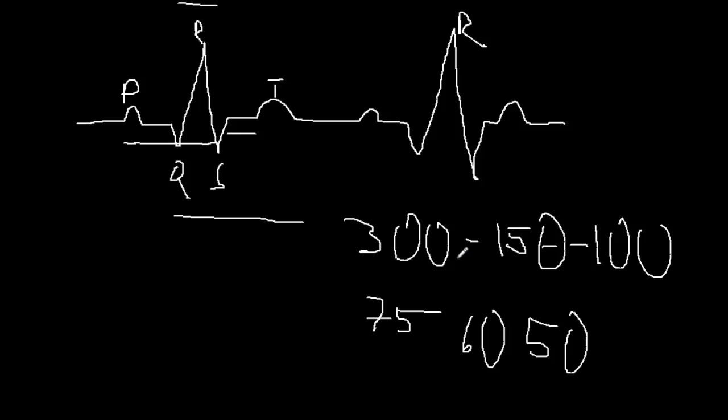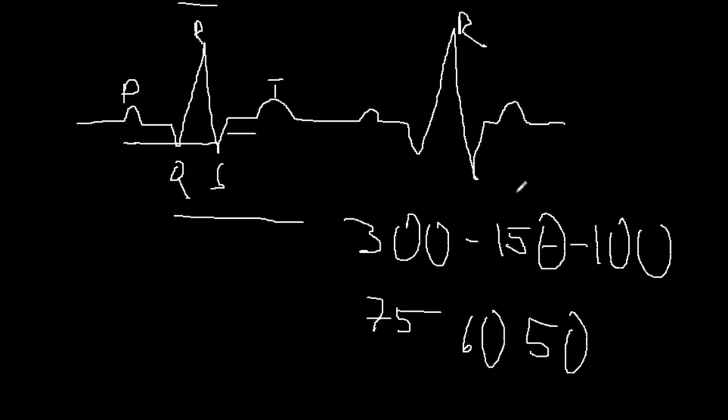Basically this technique is to find an R wave that spikes at the tip of a big box. And then you say, all right, how many big boxes are in between this and the next one? If there's only one box, then that is equal to a heart rate of 300. If two boxes is 150, three boxes is 100, and so on.